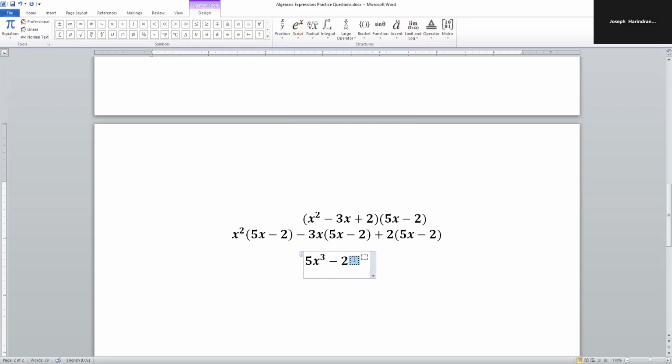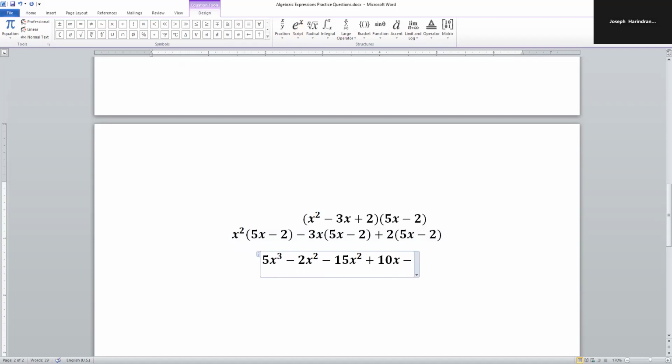There are only two like terms, that is, these x squared terms. So we have to combine these two terms. We have the 5x cubed, we can write it as it is. And we can also combine these two to write it as 5x cubed minus, what will it become? 17x squared, because you have both minus signs, 2x squared and 15x squared.